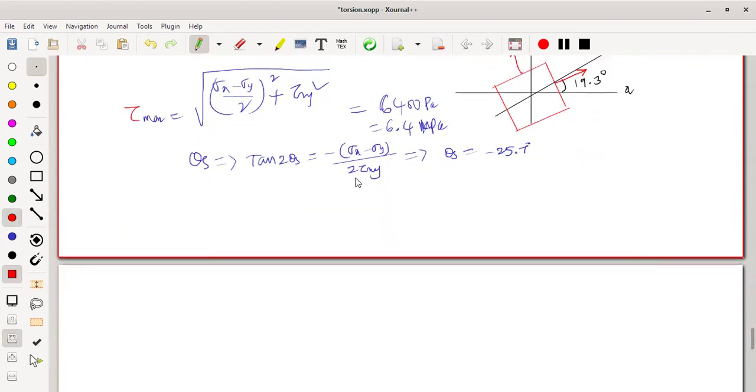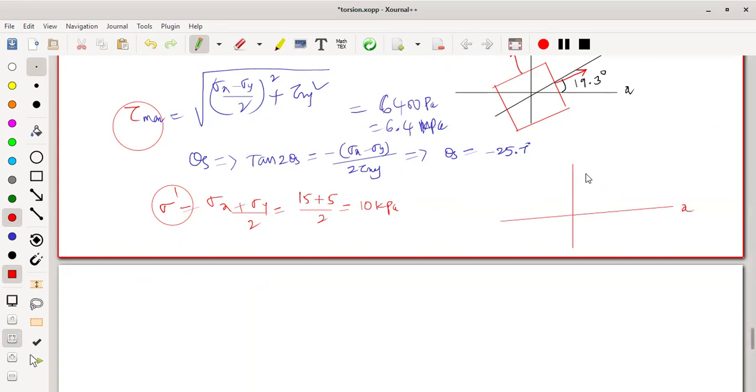So like that you have to conclude, and again you have to draw the element orientation for the tau max plane. Here one thing you have to do is that sigma dash also you have to calculate, that is taken as sigma x plus sigma y by 2. So sigma x is 15 plus sigma y by 2 is taken as 10 kilopascals. Okay, so these two things you have to represent in our element orientation. So it is the x-axis and it is the y-axis. It is oriented with minus 25.7, so you have to take below, and this inclination you have to consider as minus.